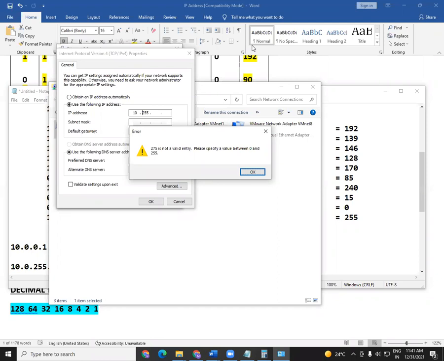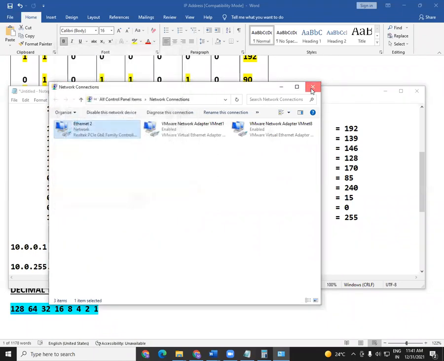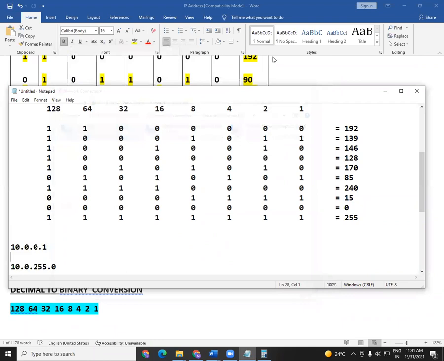Any number above 255 is considered an incorrect number. That is the range of our IP address. We can use only a number between 0 and 255. Whether you assign an IP address in a computer, router, server, anywhere, every machine's IP is the same, right? So it will be between 0 and 255.